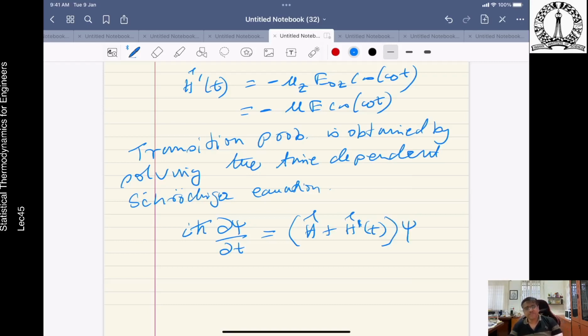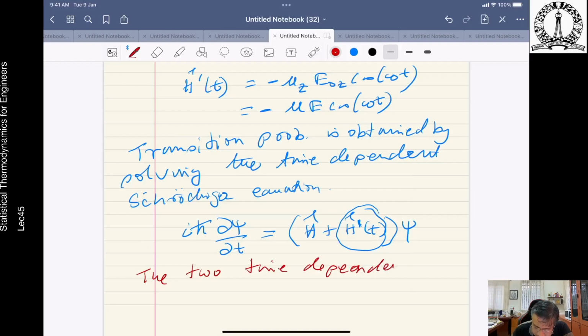So in the absence of the prime, the two time-dependent solutions will be the two time-dependent solutions, in the absence of the perturbation.